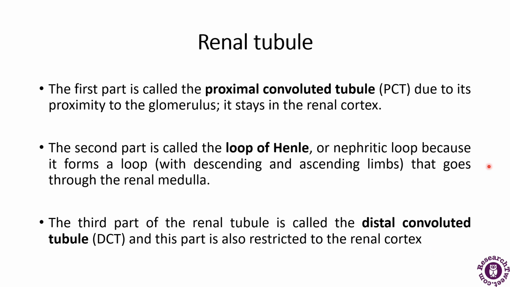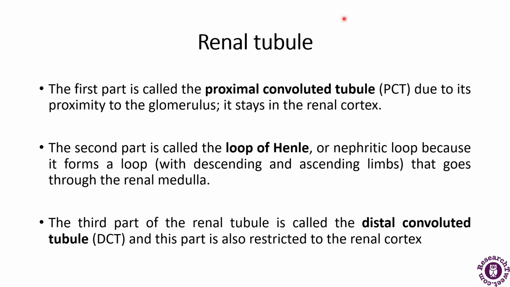The capillaries of the glomerulus are enclosed by a cup-like structure called the Bowman's capsule. This structure extends to form highly coiled tubules called the PCT, the proximal convoluted tubule, which continues to form the loop of Henle, which ascends to the DCT, which in turn opens into the collecting duct.